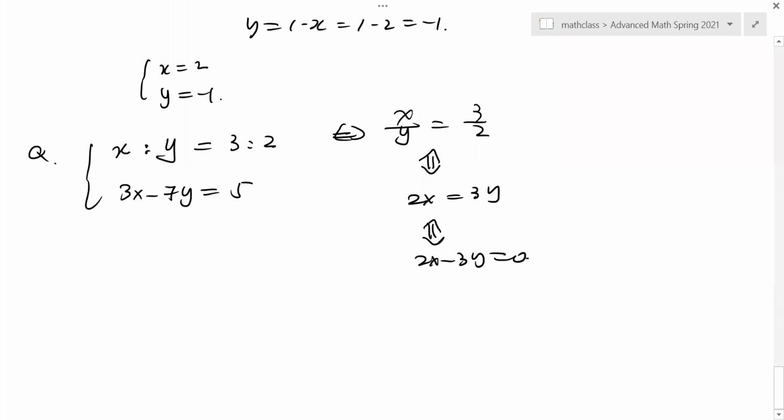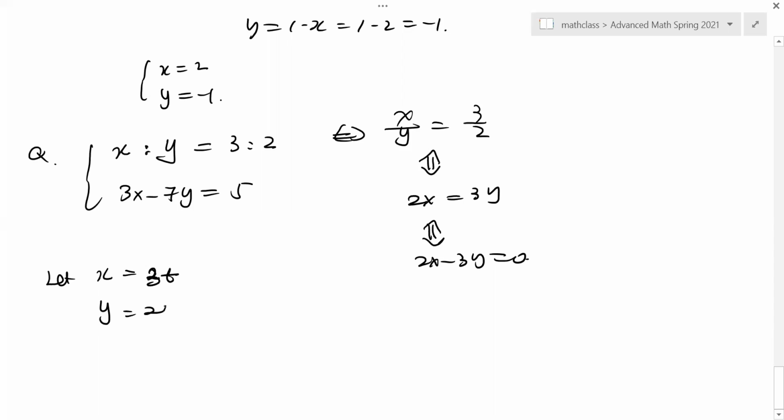But I'm not trying to use that equation to solve this system of equations. What I'm trying to do is use this ratio. Because x to y is 3 to 2, you can let x be 3t, for example, where t is some number, and y equals 2t.